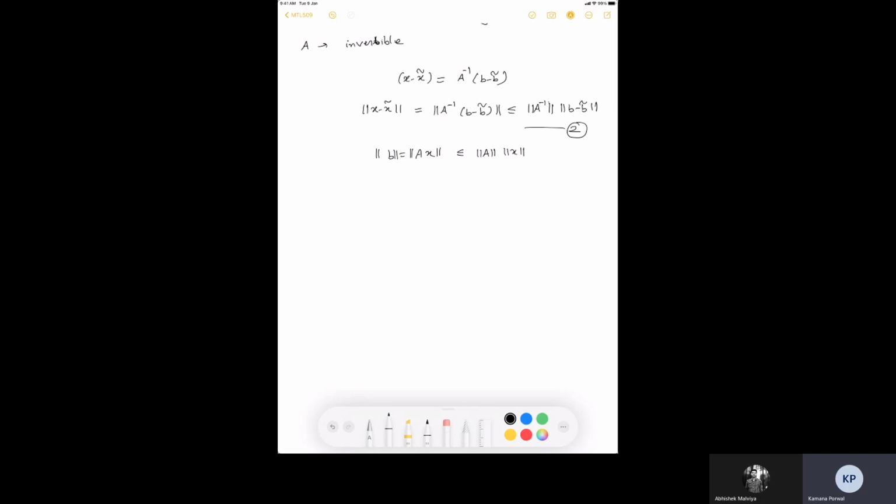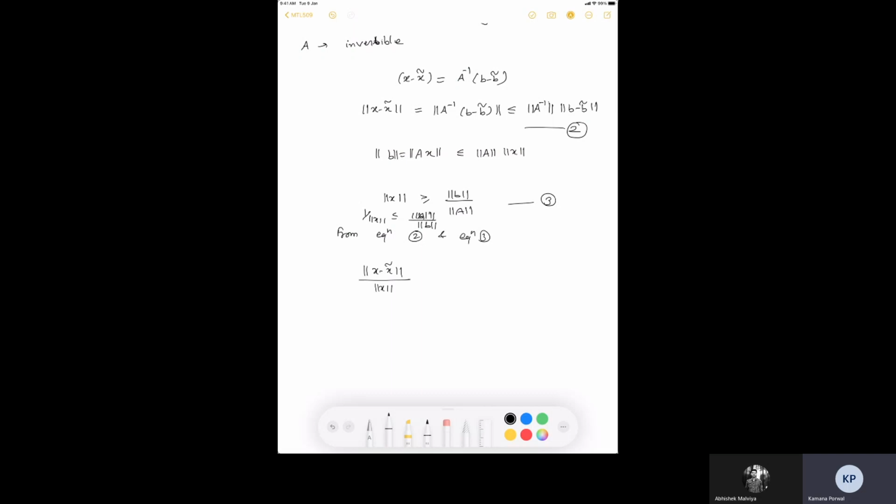From here, norm of x is greater than or equal to norm of b divided by norm of A. Combining these inequalities 2 and 3, 1 by norm of x is less than or equal to norm of A divided by norm of b.